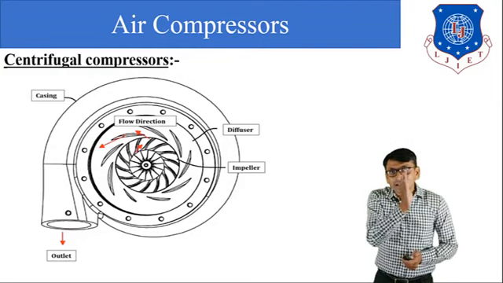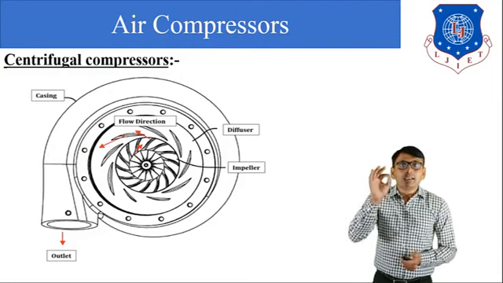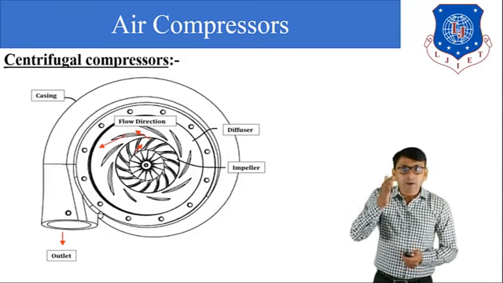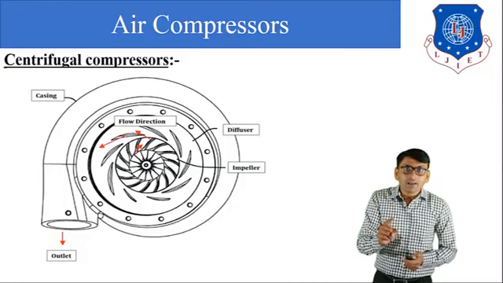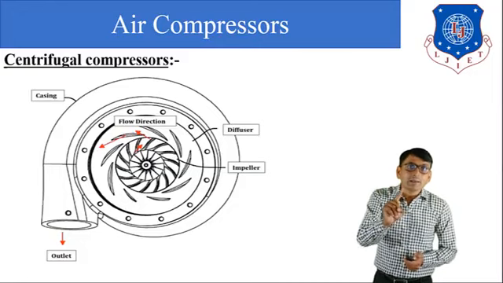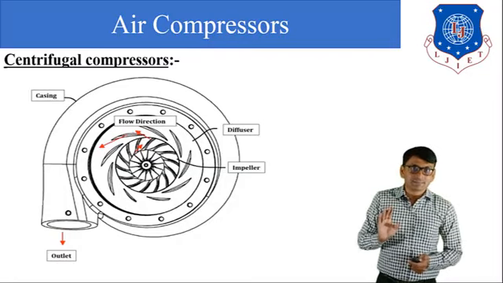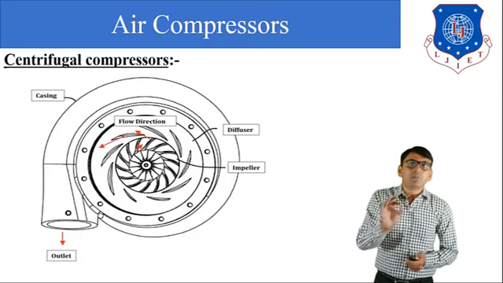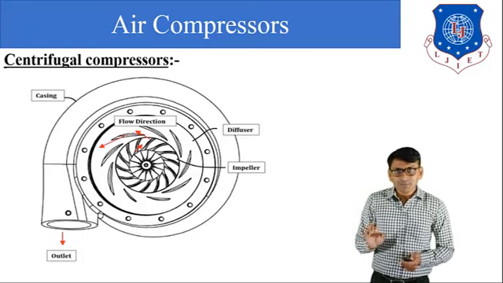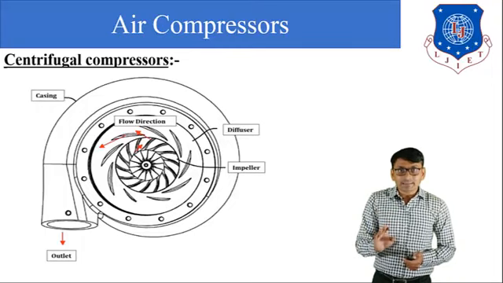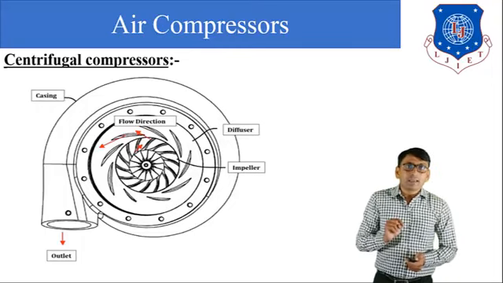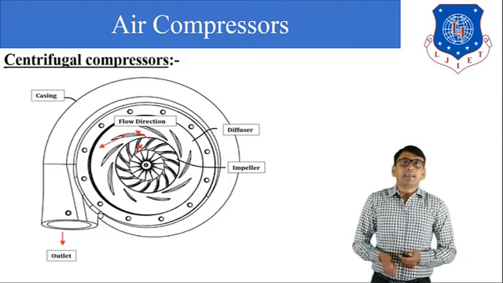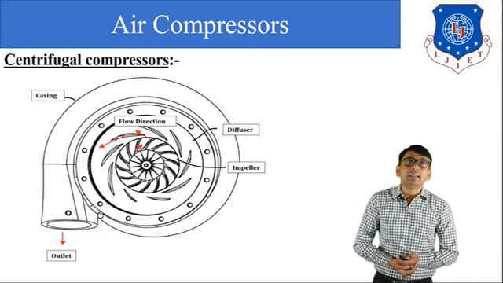Now this air is transferred into the diffuser ring. When air passes through the diffuser ring, its pressure increases but its velocity decreases. Then this high pressure air is supplied to a particular application. So air passes through two passages: first from the impeller blade and then from the diffuser ring.